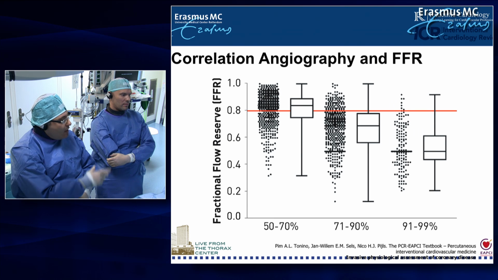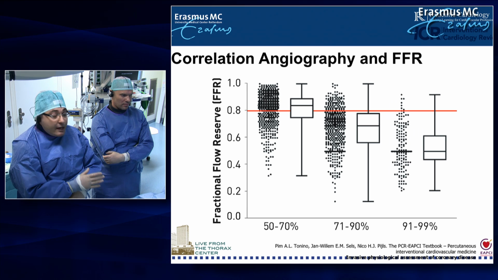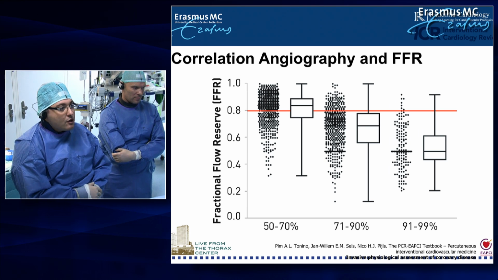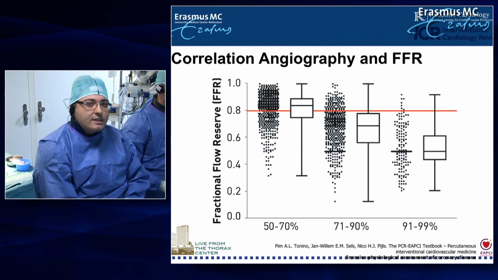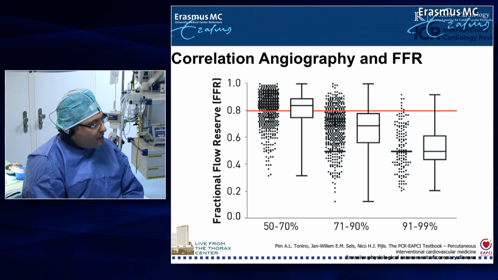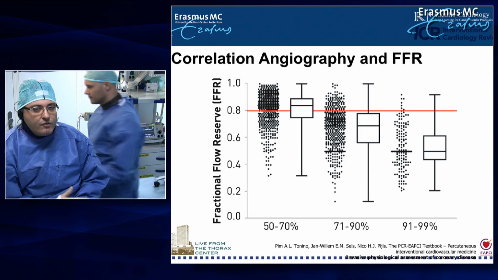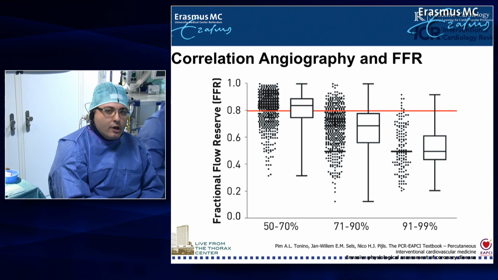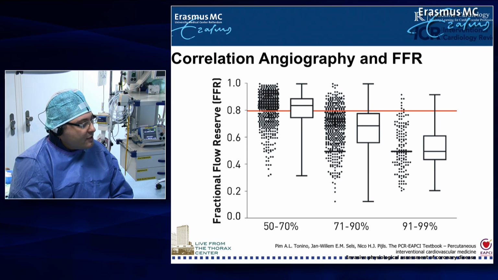So maybe we can also have another slide where we can see that there is a correlation between what we see currently with our angio and what we have with the functional assessment of the coronary stenosis. And we see that the more severe the stenosis is, the more accurate we are with only angio in terms of assessing the significance of a stenosis.